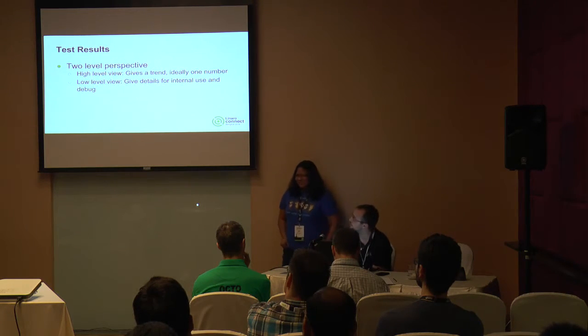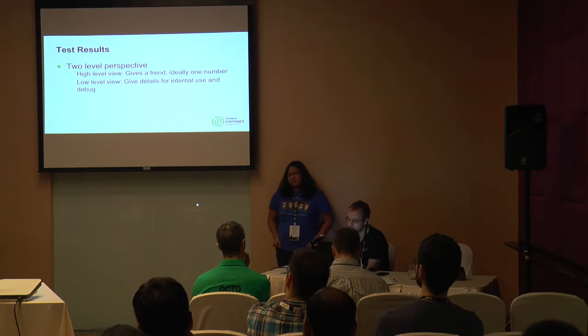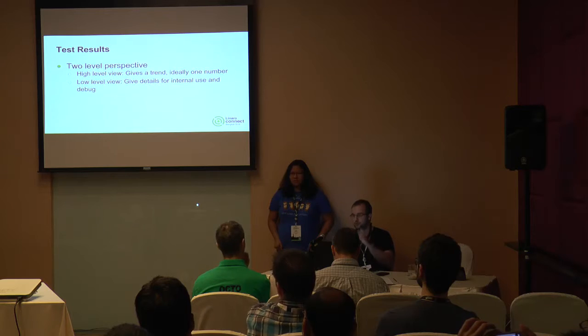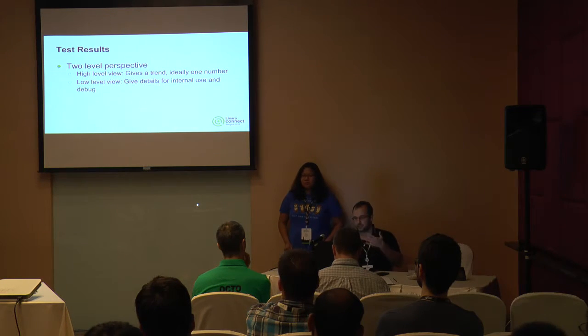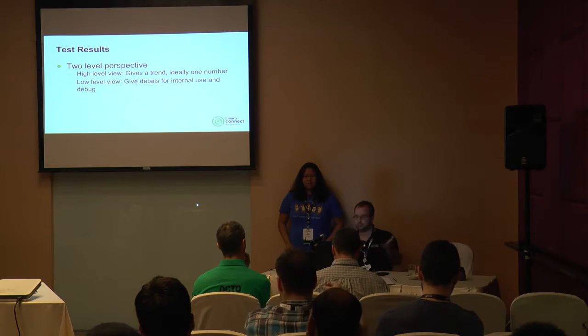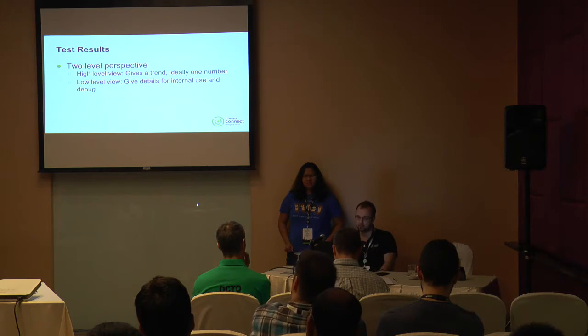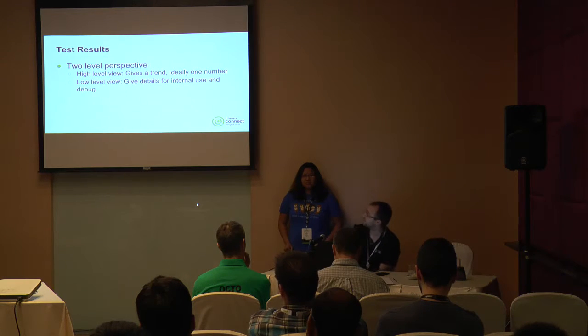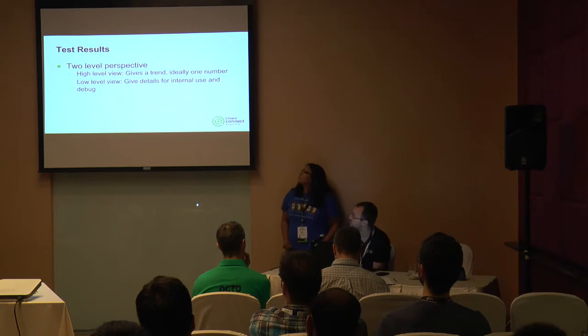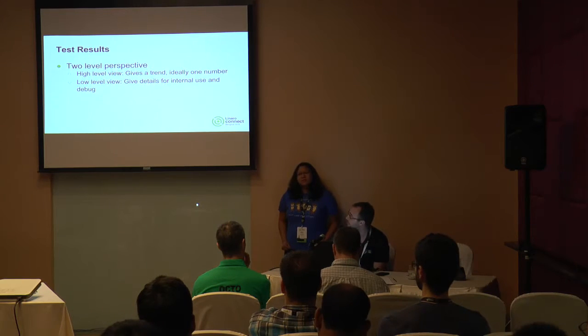So for the test results, as we described just before, our farm tries to solve two issues. The first one is to share a board for all the team, and the other one is to get continuous, periodic tests around a number of kernel trees. For that, we would like to have two levels of results. First, a high-level view.